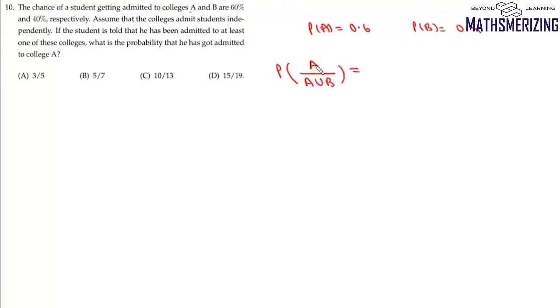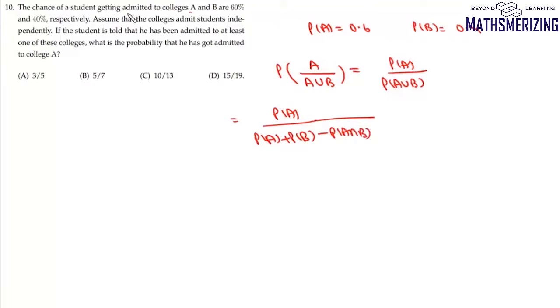Now, probability of A intersection (A union B) is simply probability of A, and here will be probability of A union B. So it will be probability of A upon probability of A plus probability of B minus probability of A intersection B. Now, getting admitted in any college is an independent event. So it says the colleges admit students independently. So we know that P(A intersection B) will be P(A) into P(B).